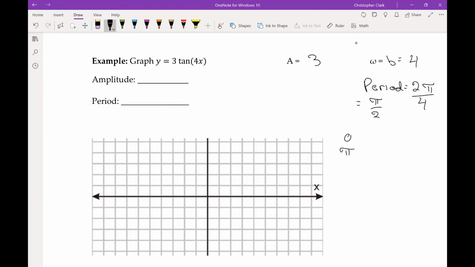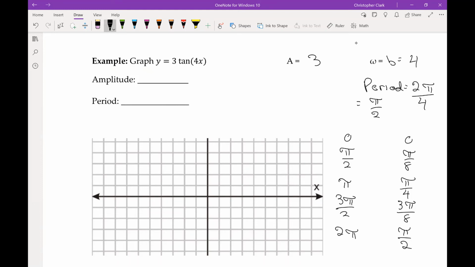So now I'm going to take all of these special points and divide them all by 4. So this becomes 0, this becomes pi over 8, this becomes pi over 4, this becomes 3 pi over 8, and this becomes pi over 2.